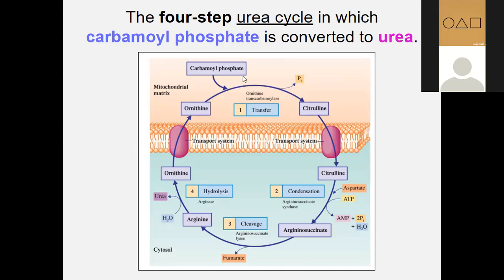So the urea cycle is similar to the Krebs cycle, no. So the first step in the urea cycle, the carbamoyl phosphate will combine with the ornithine in the mitochondrial matrix. So inside the matrix of the mitochondria, you will combine these two molecules to form citrulline.